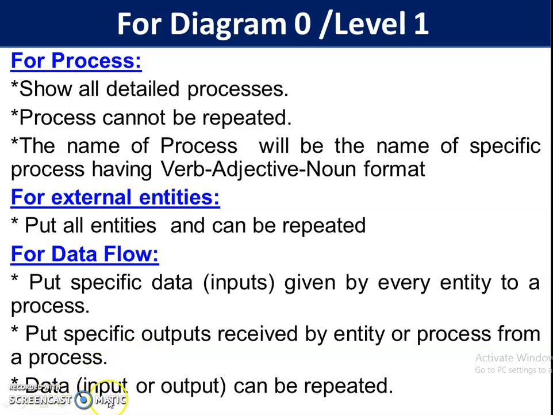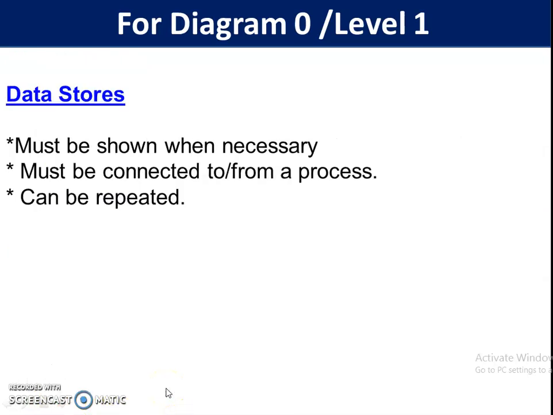So the data here, either input or output, can be repeated. And for level 1 or diagram 0, data stores are necessary. The data store should be connected to or from a process only, and same with external entity and data flow, it can also be repeated.